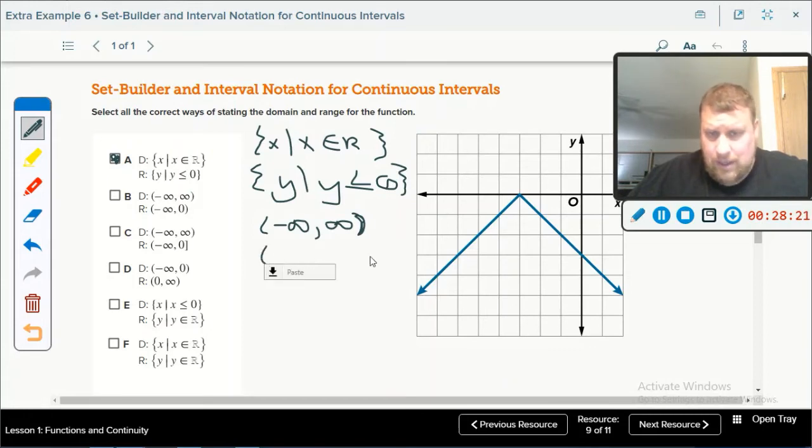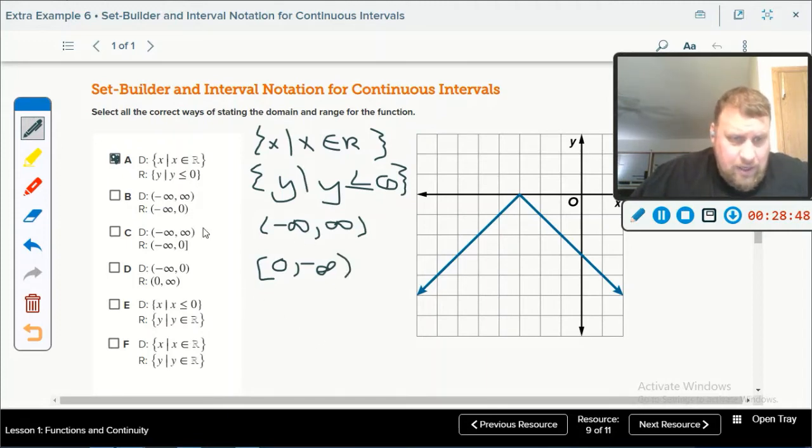It should be a square bracket right here. And it's going from 0 to where? To negative infinity. So that's open. Do we see that anywhere? Negative infinity to infinity and 0 to negative infinity.